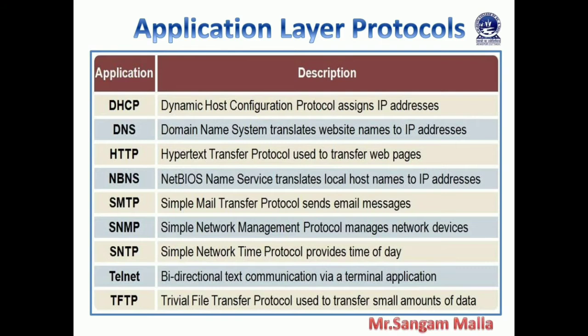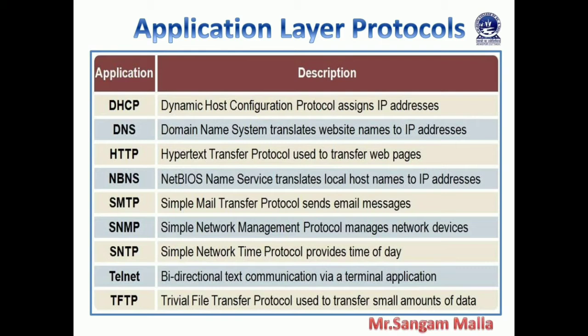Now we will be moving to some of the application layer protocols which are associated with different applications. As you can see, the first is DHCP, which stands for Dynamic Host Configuration Protocol, and it assigns the IP addresses whenever the sender is linked with the receiver. Second one is DNS, which stands for Domain Name System, which translates website names to IP addresses.